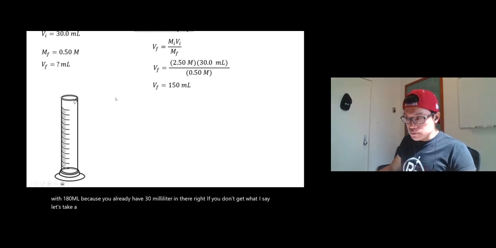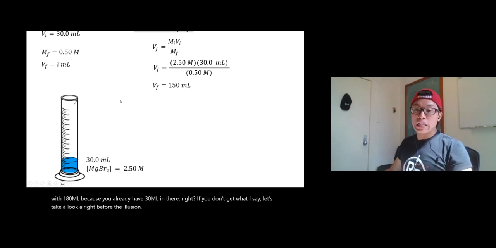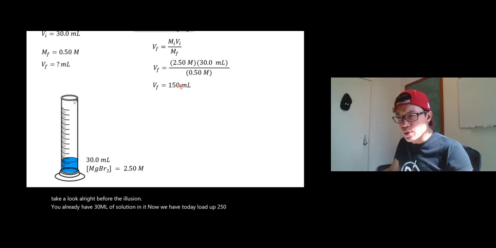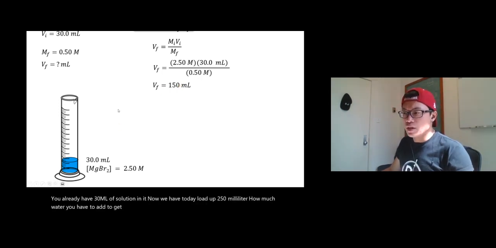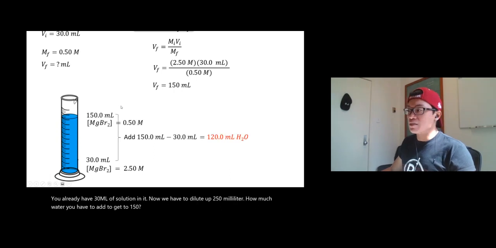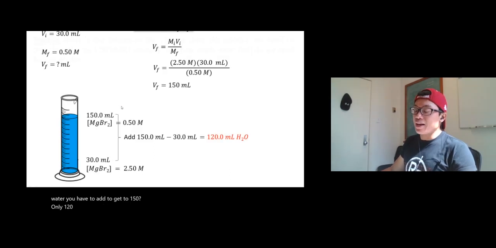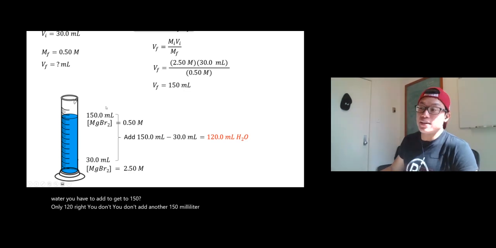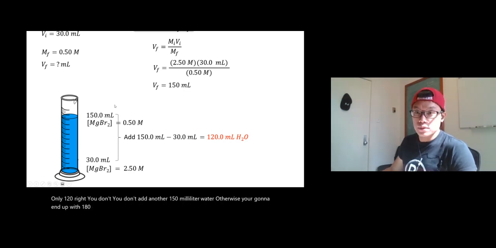All right, before dilution, you already have 30 milliliter of solution in it. Now we have to dilute up to 150 milliliter. How much water do you have to add to get to 150? Only 120, right? You don't add another 150 milliliter water. Otherwise, you're going to end up with 180 milliliter volume.